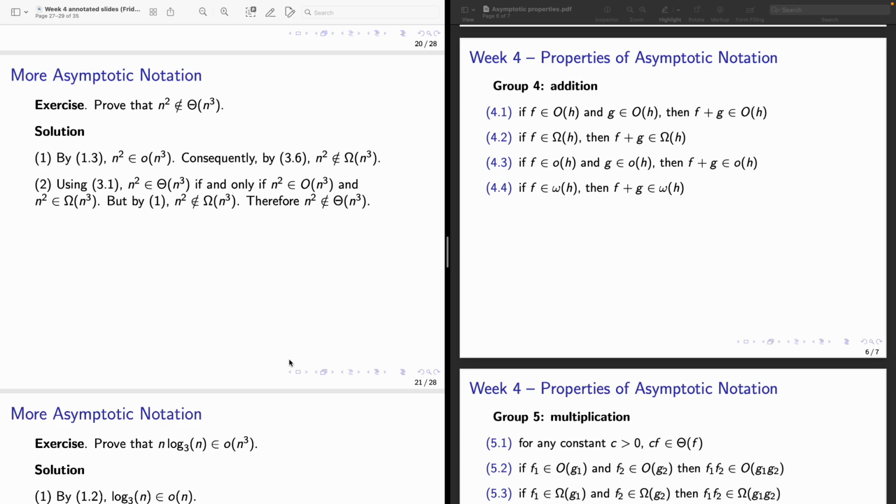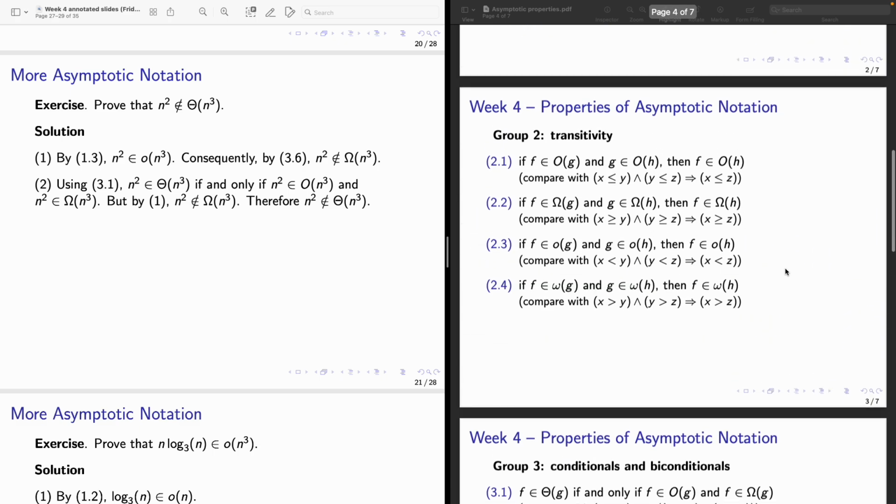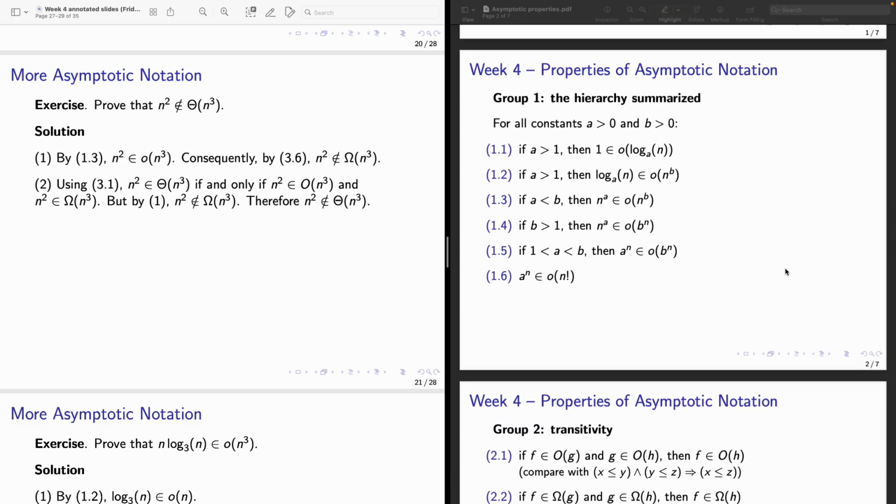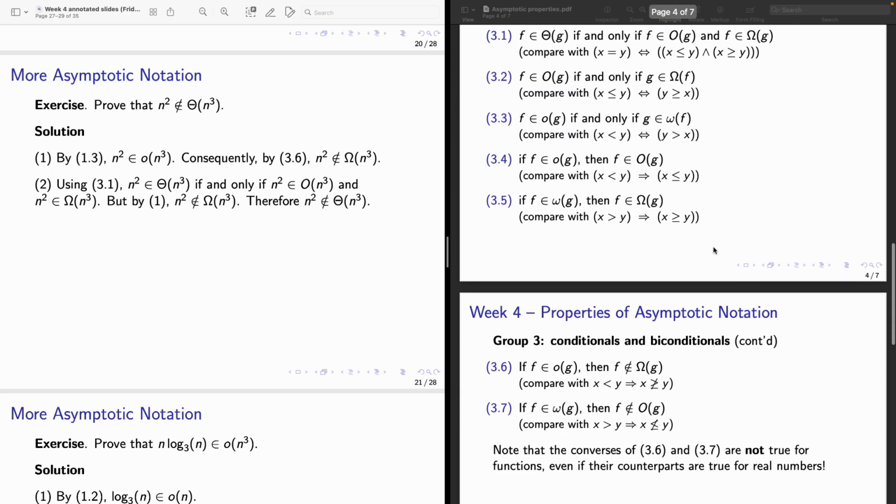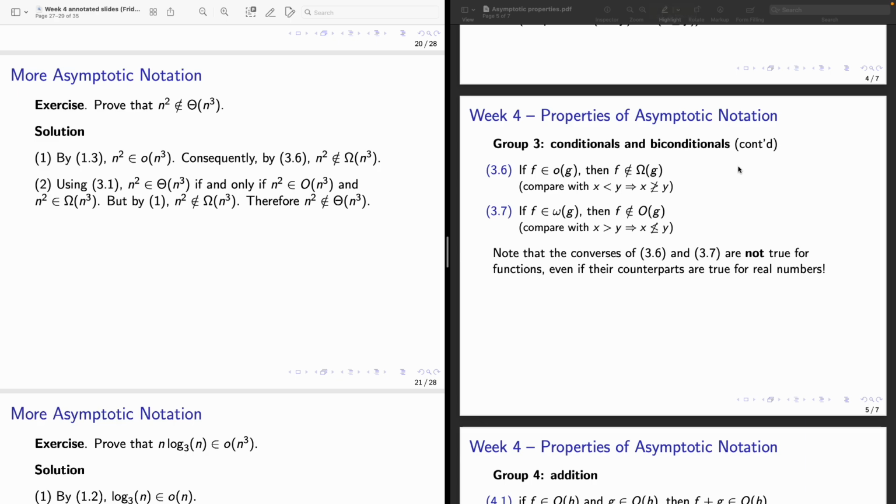Now we're going to show that n squared is not in big theta of n cubed, so they're not of equal growth rates. We use the rule that we used earlier, that any polynomial is in little o of a bigger polynomial. And then we use a new rule.